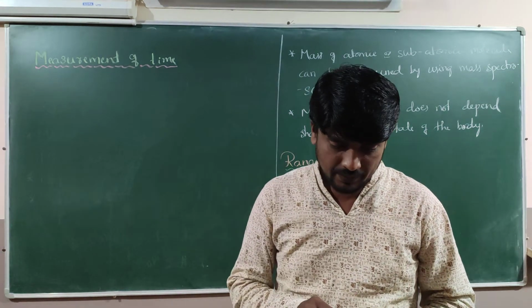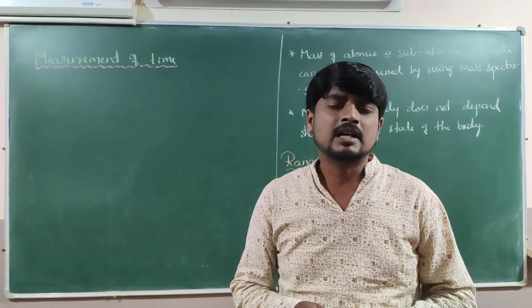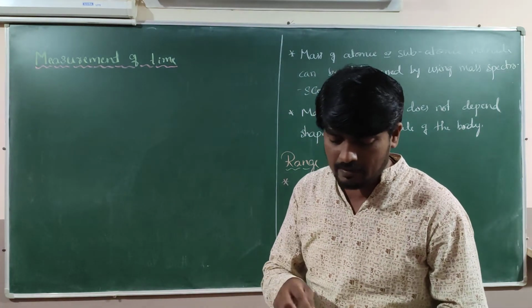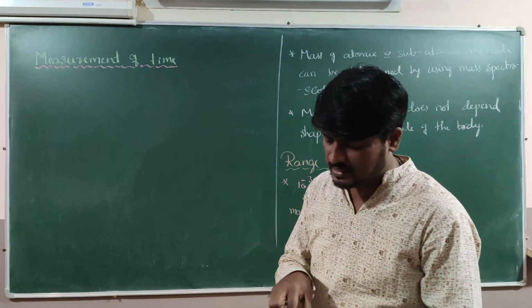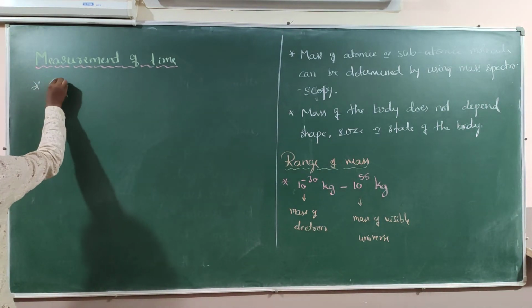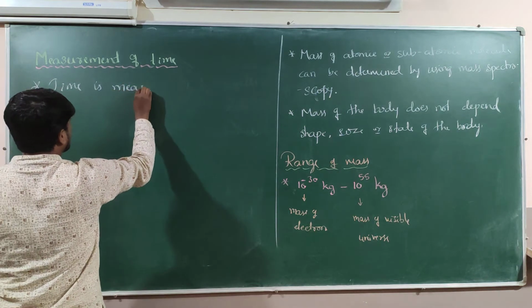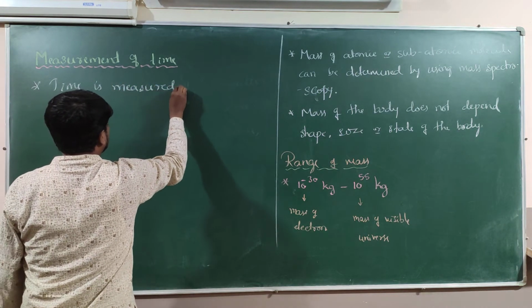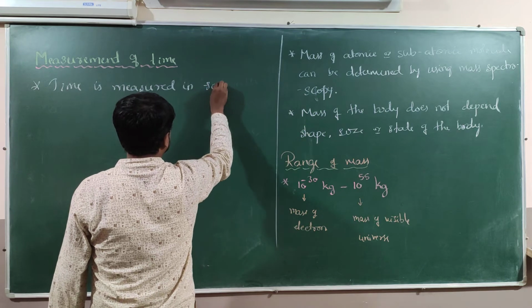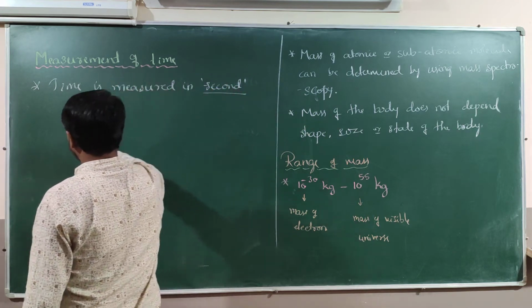Now the second thing is that several types of clocks were developed. One by one I will discuss. Before that, let's write some important points which you know already. Time is measured in seconds.